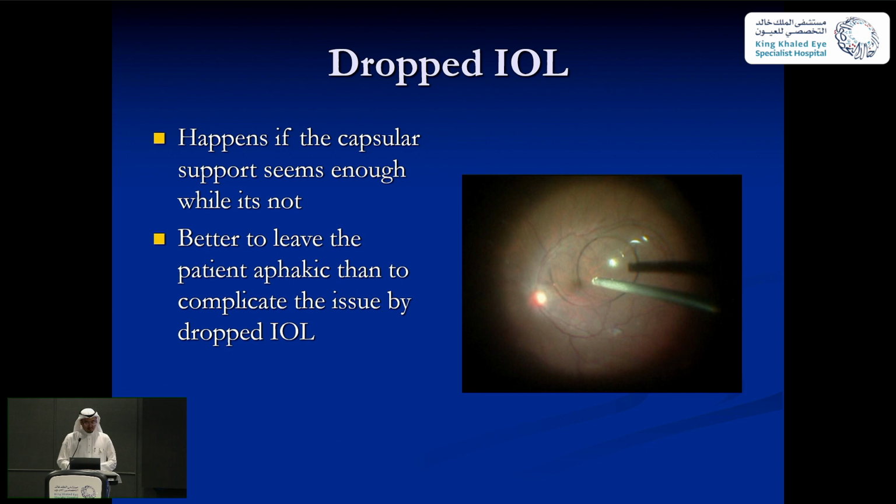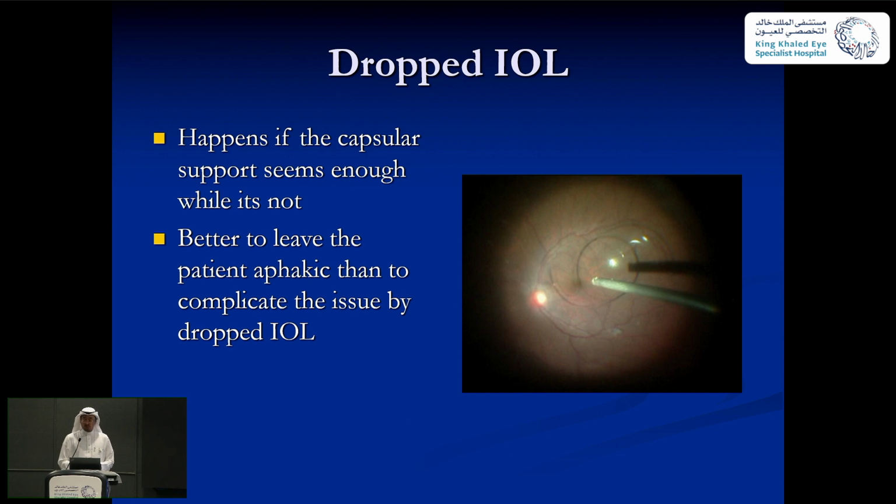Dropped IOL. This happens if the capsular support seems enough while it is not. So you have posterior capsule rupture, you did vitrectomy, cortical aspiration, and you think that it is enough to support the lens.